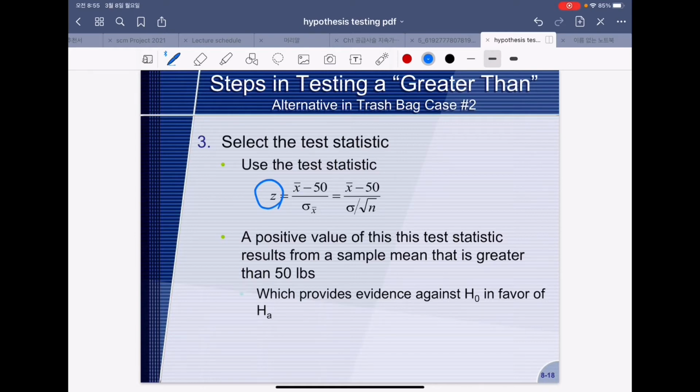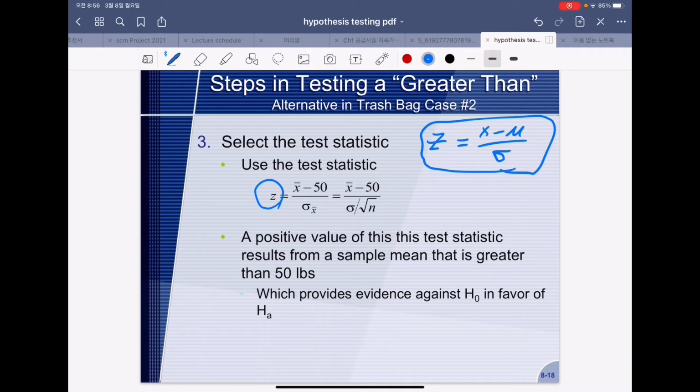You need to know something about standardization, right? Remember that when you transform x to z, you use the relation between x and z like this, right?